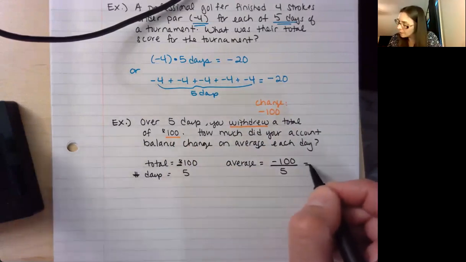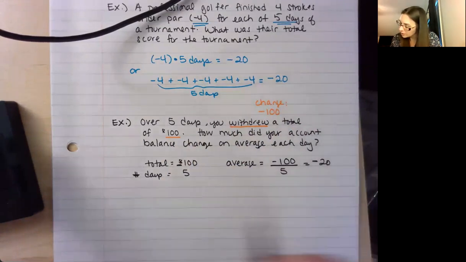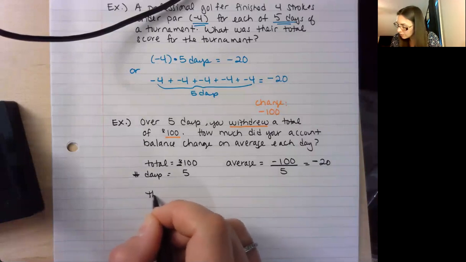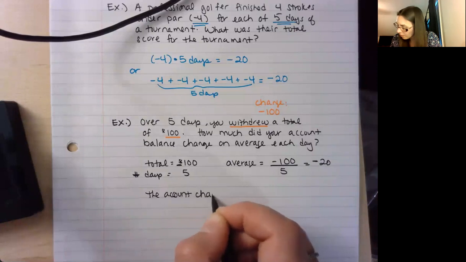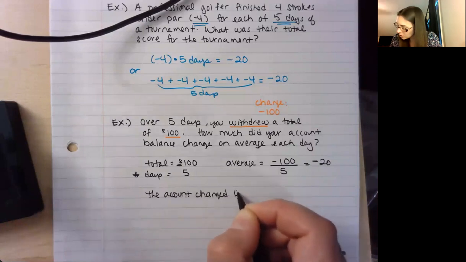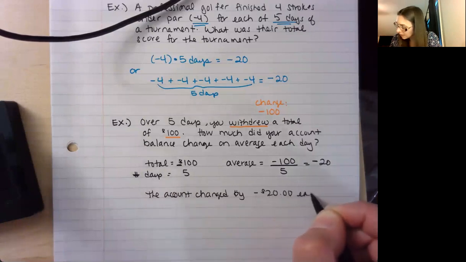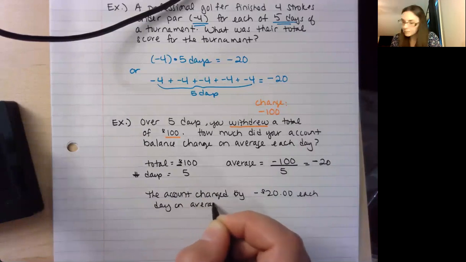Now, a negative divided by positive is going to be a negative, and 100 divided by 5 is 20. So the account changed by negative $20 each day on average.